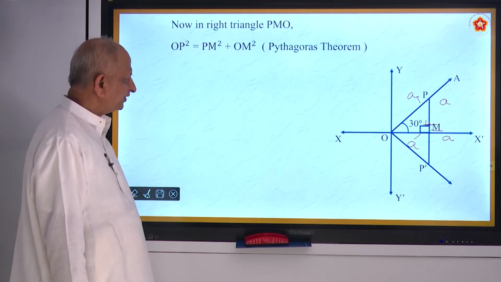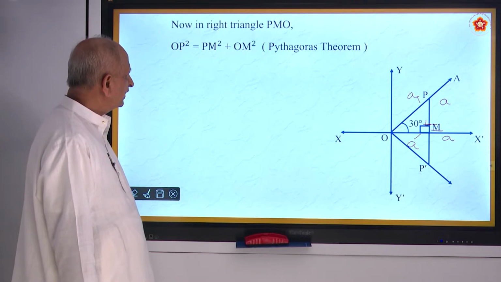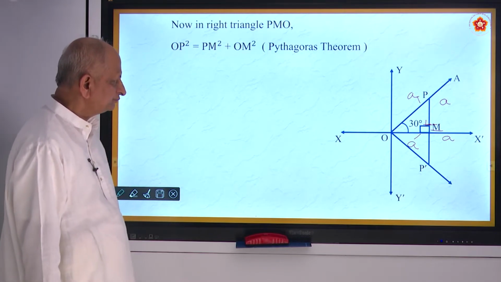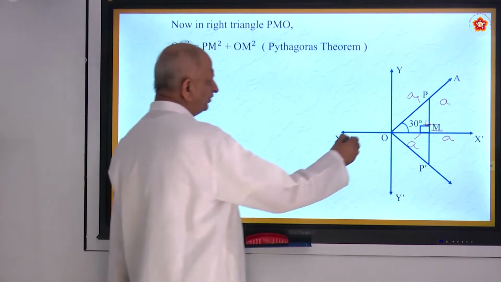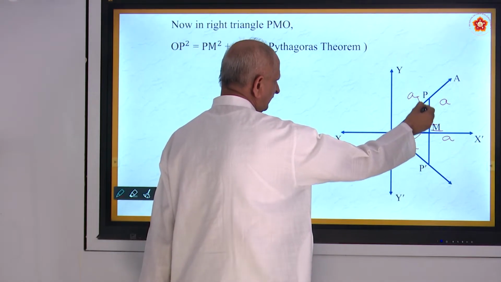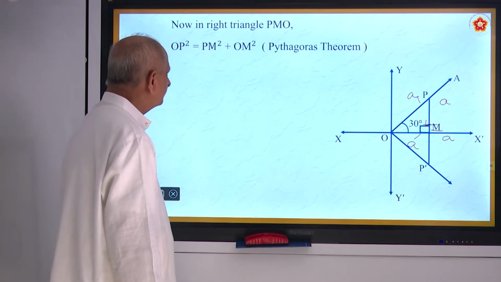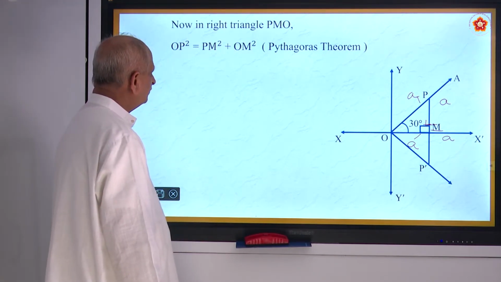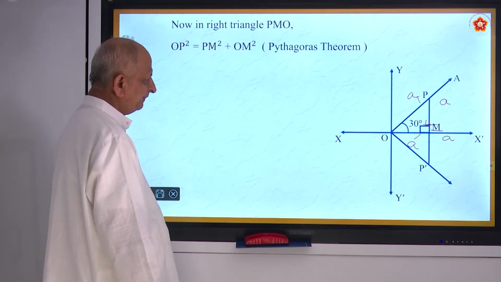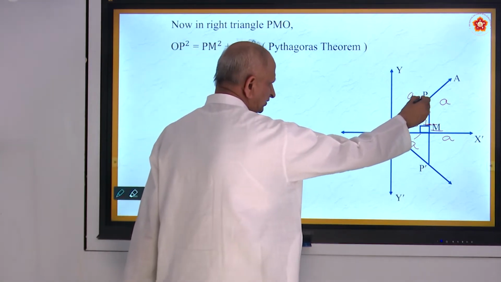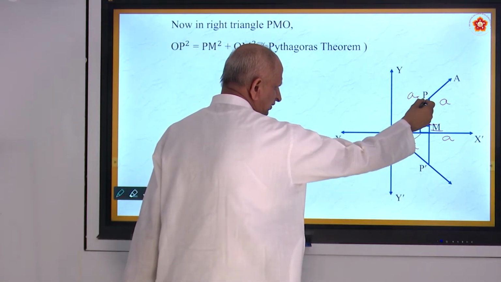By Pythagoras theorem, we get OP square is equal to PM square plus OM square, is it not? Because it's 90 degrees here, this is the hypotenuse and these are the sides.